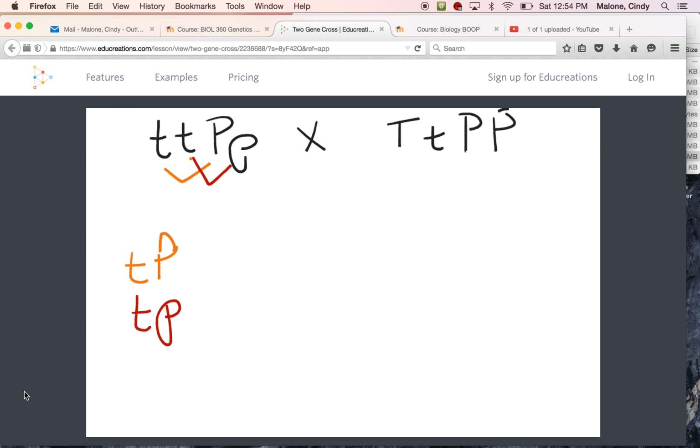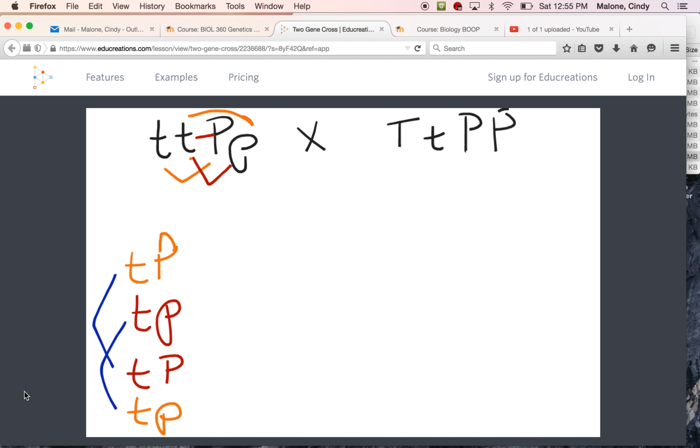We could have this little t with this big P. And for the last one, this little t with that little p. And what we notice here is that these two are the same, and these two are the same.